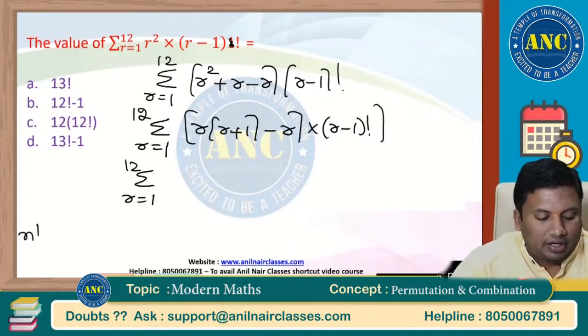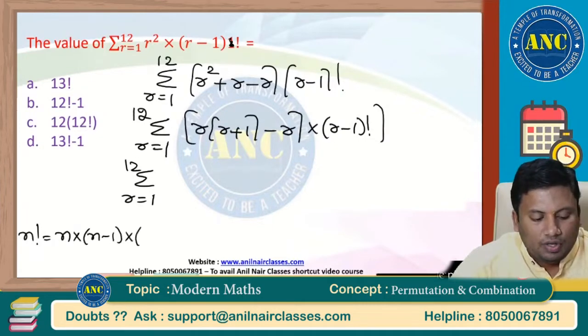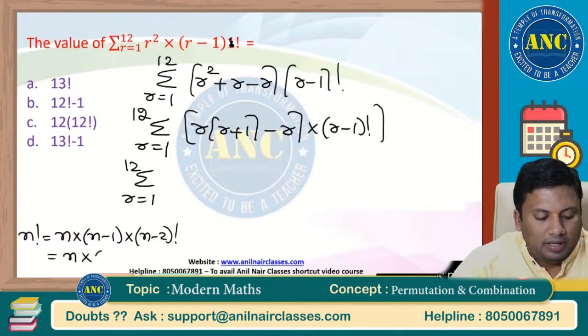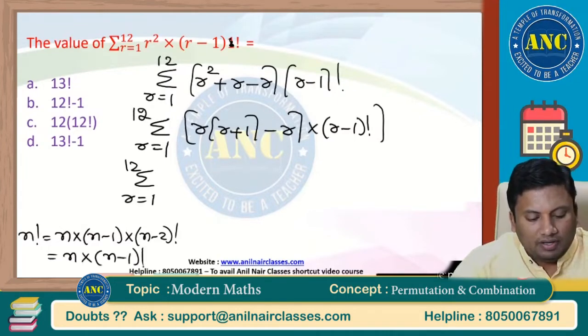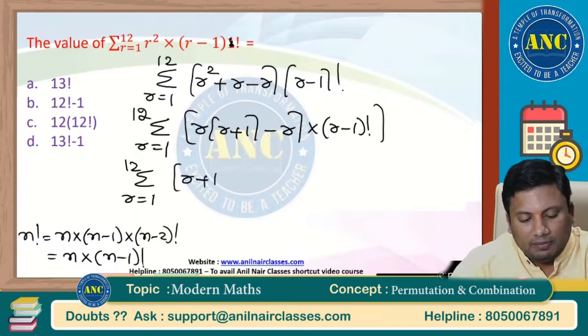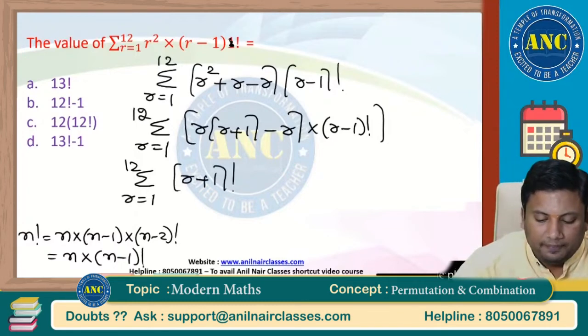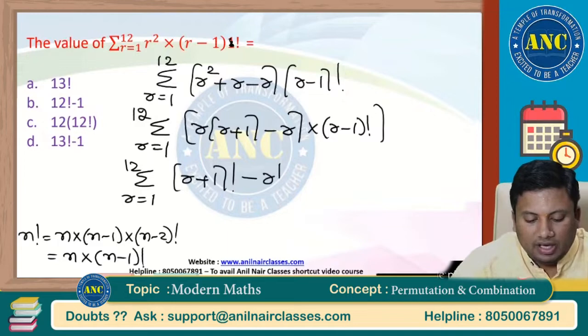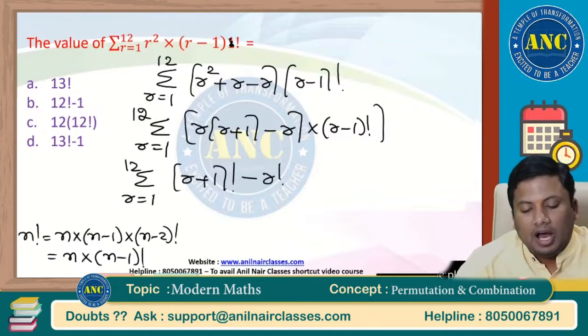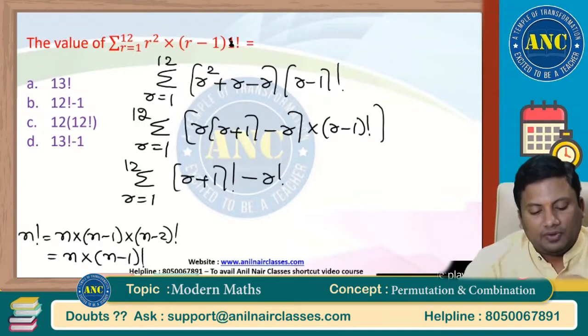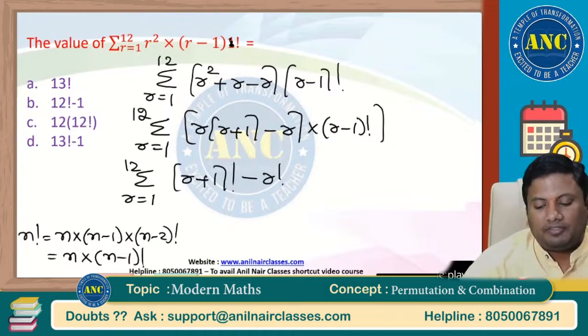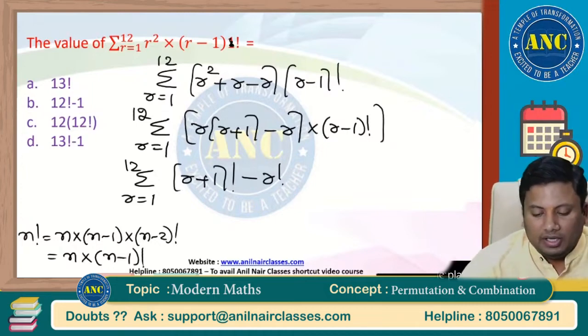So n factorial is nothing but n into (n minus 1) into (n minus 2) factorial. This is one way; it can also be n into (n minus 1) factorial. So this is nothing but (r plus 1) factorial minus r factorial. Are you all with me? Likewise r plus 1 into r into r minus 1 factorial is r plus 1 factorial.